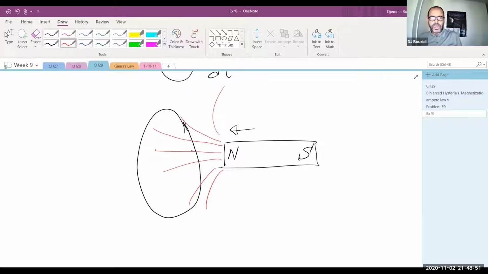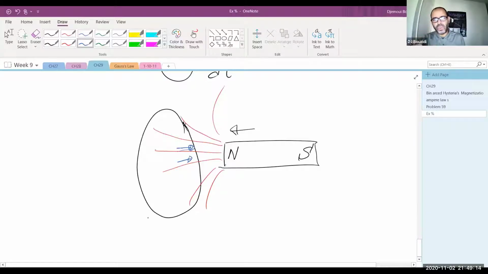So the current that is going to be generated in the wire is going to have its magnetic field pointing in the opposite direction. So the B induced in this case is going to be pointing this way, because next time this wire moves a second, two lines, for example, come in. If two lines come in, this will create its two lines.